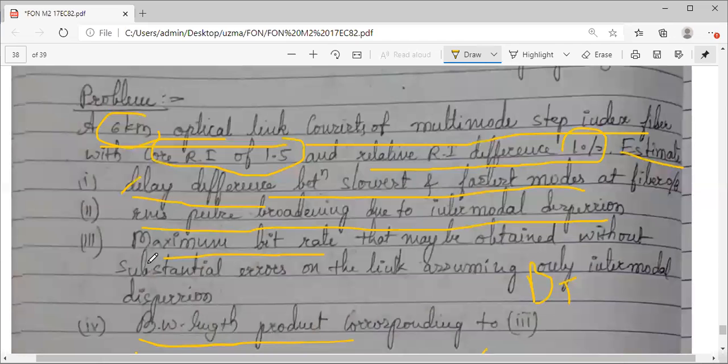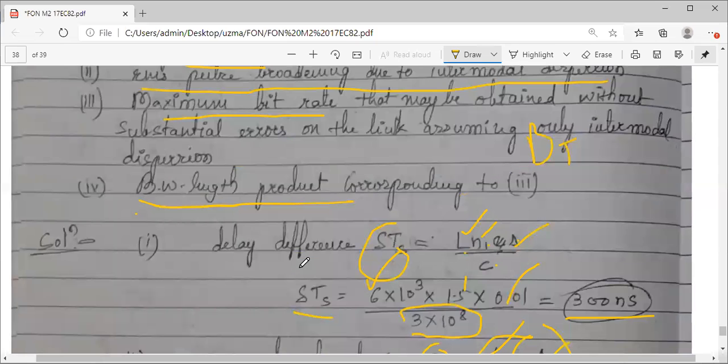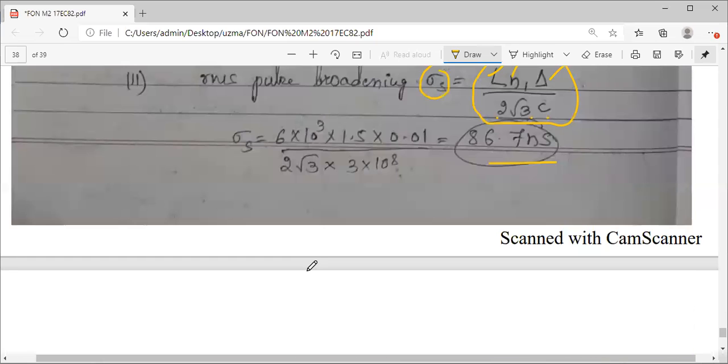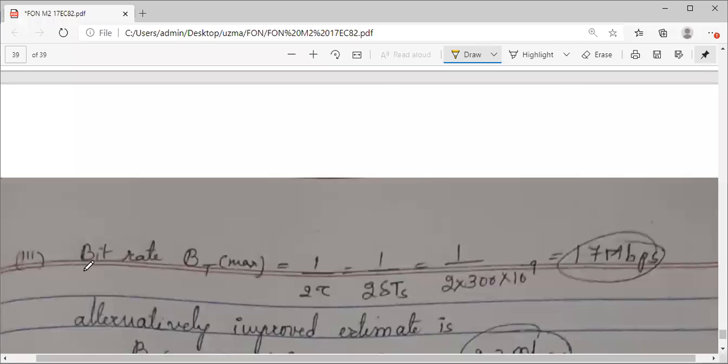Third one, the maximum bit rate you can obtain so that the link will get minimum errors. Bit rate BT is equal to 1 by 2 times tau, or 1 by 2 times the delay difference.